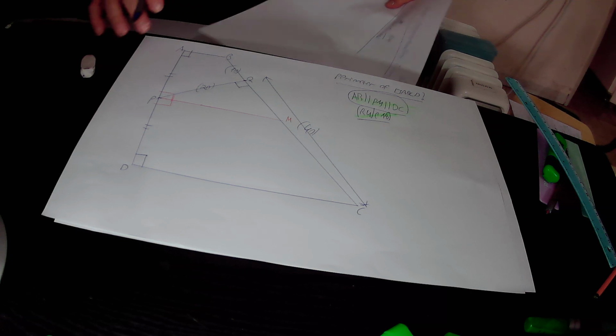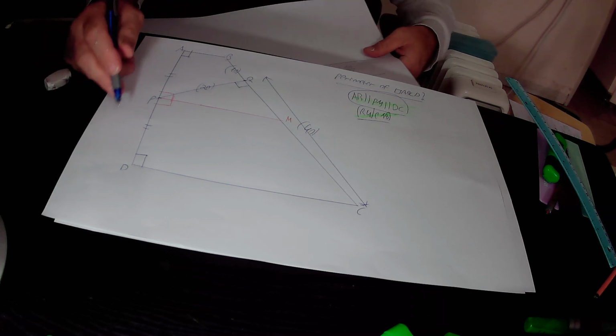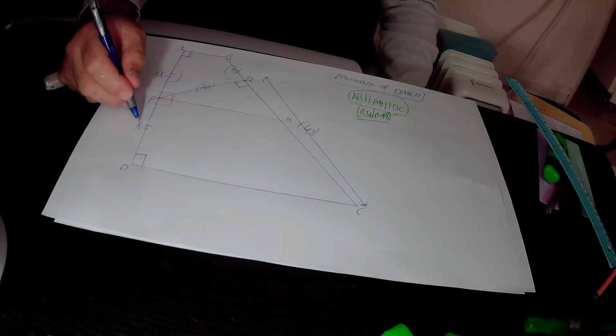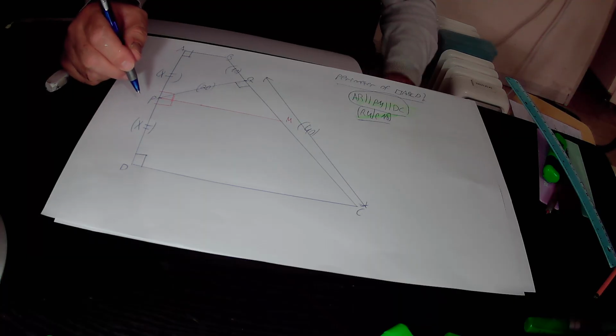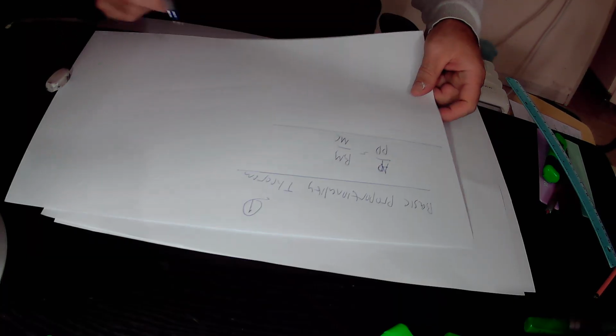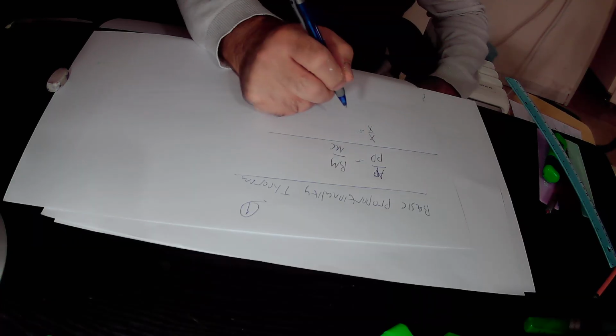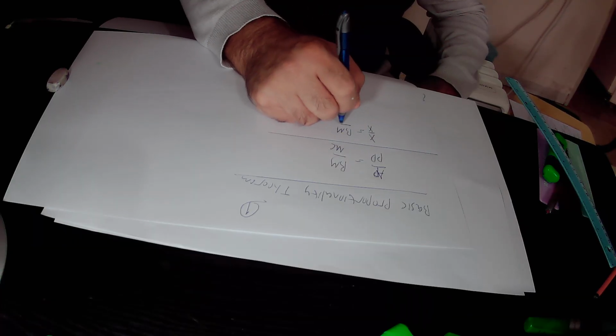It is given in the question that AP equals PD. So if we define the length of line segment AP as X, then line segment PD must also equal X because they are equal to each other according to what is given in the question. So AP over PD is X over X, and it equals BM over MC.